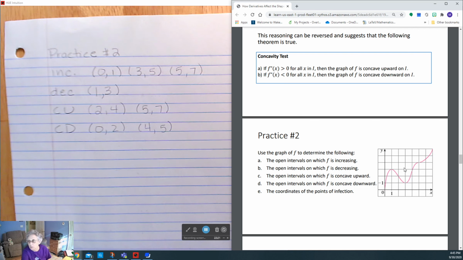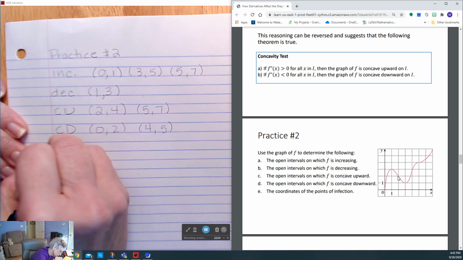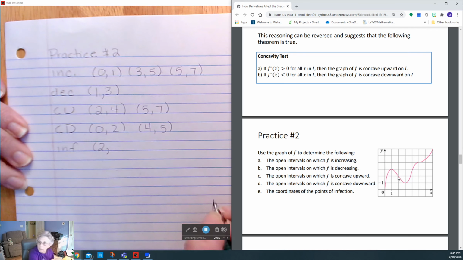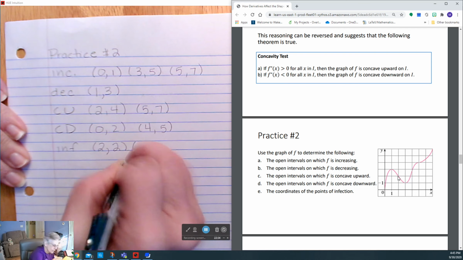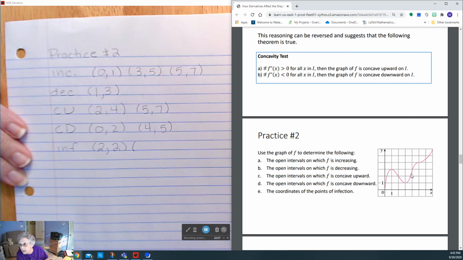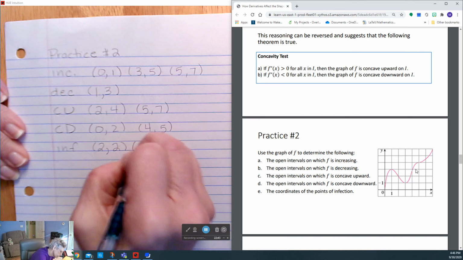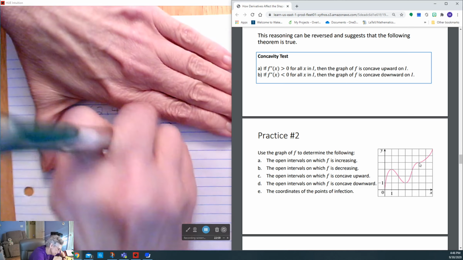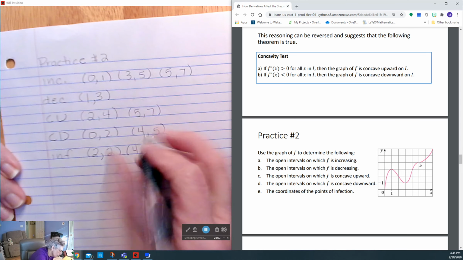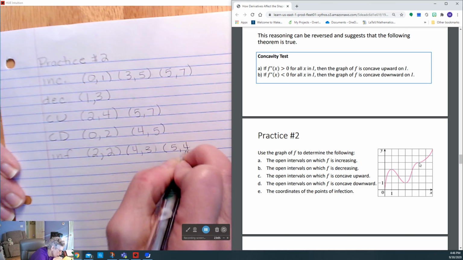So it has inflection points at 2, and at 4.